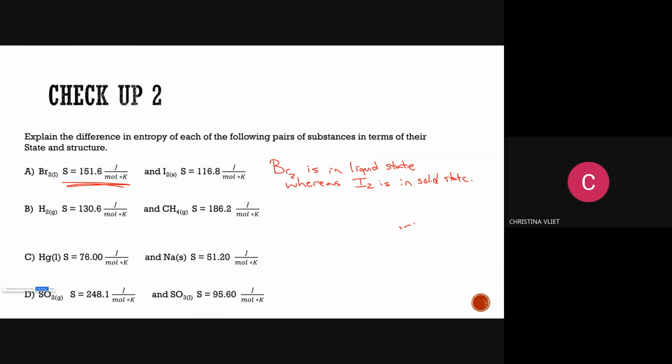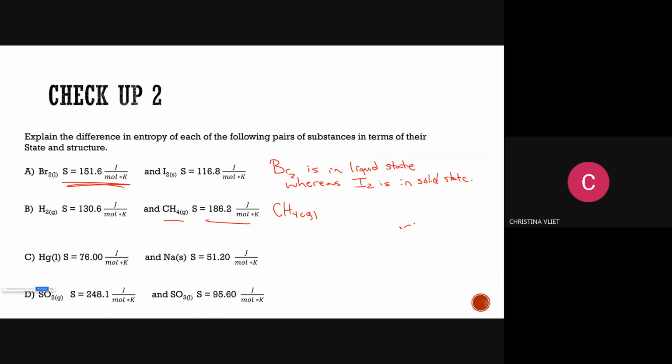The second one, H2 gas versus CH4 gas. These are established values. CH4 gas is higher. Why, Ramon? Because CH4 is more complex. They have the same type of intermolecular force. Everything else is constant. They're both in the gas phase.